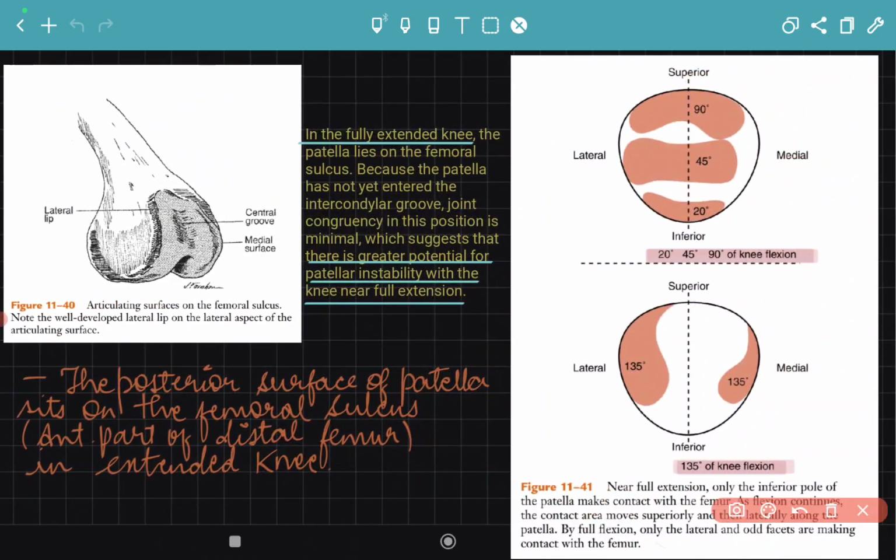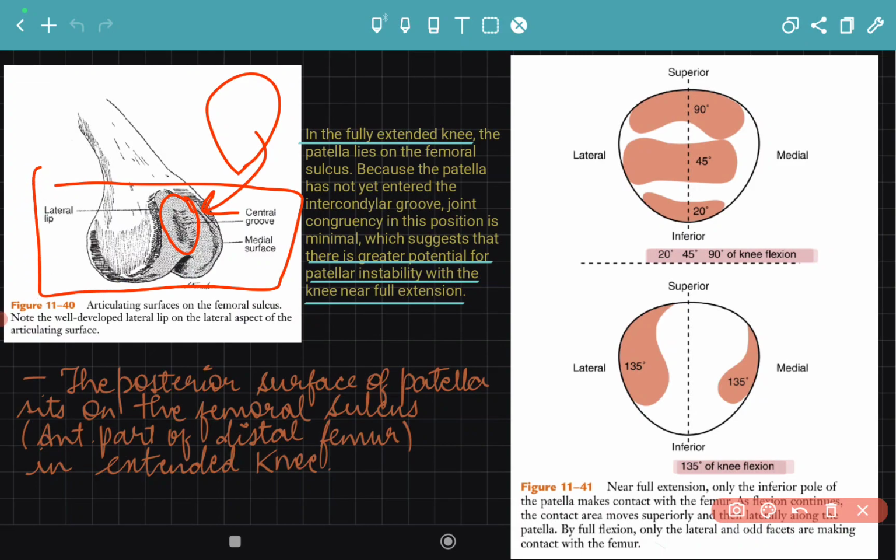Now let's have a look at a concept or a fact, that the posterior surface of the patella sits on the femoral sulcus, which is the anterior part of the distal femur, in extended knee. When the knee is in extended position, the posterior surface of the patella sits on femoral sulcus.